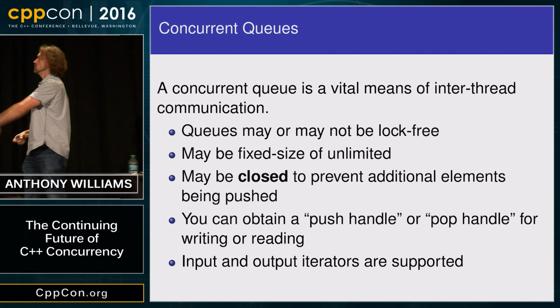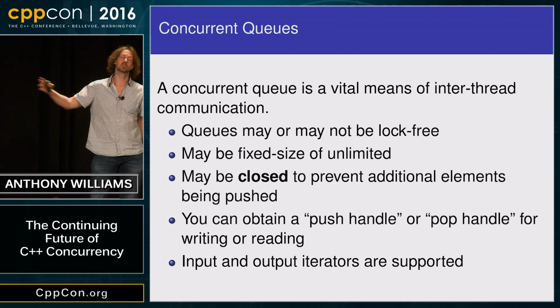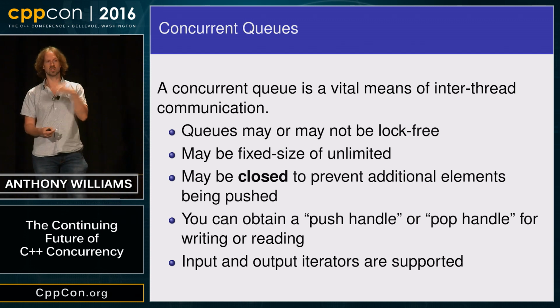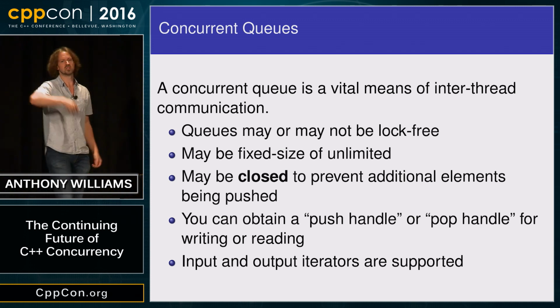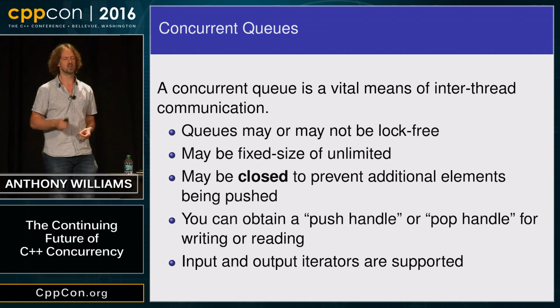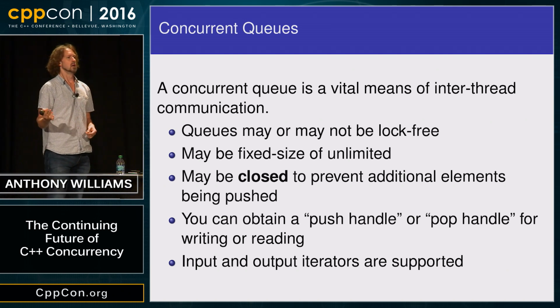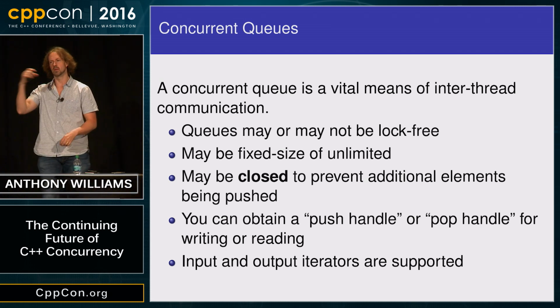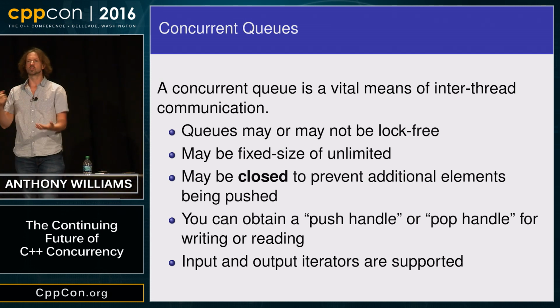As I said, queues are a vital means of inter-thread communication, a building block for communicating sequential processes, as well as all sorts of other general inter-thread communication. They may or may not be lock-free, they might be fixed size, they might be unbounded. There's a whole bunch of properties.